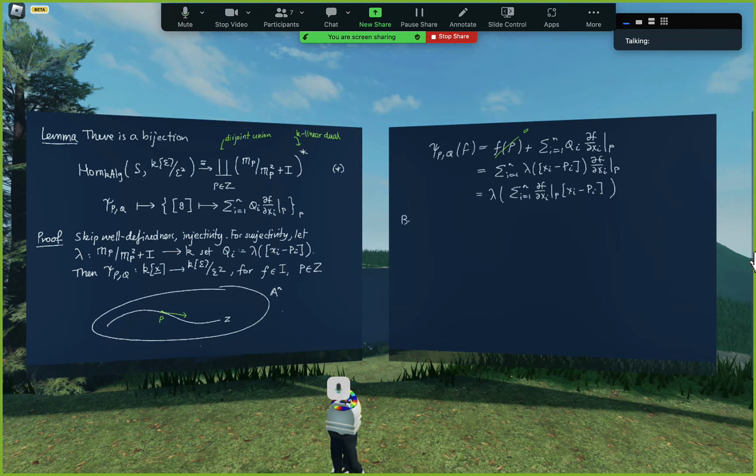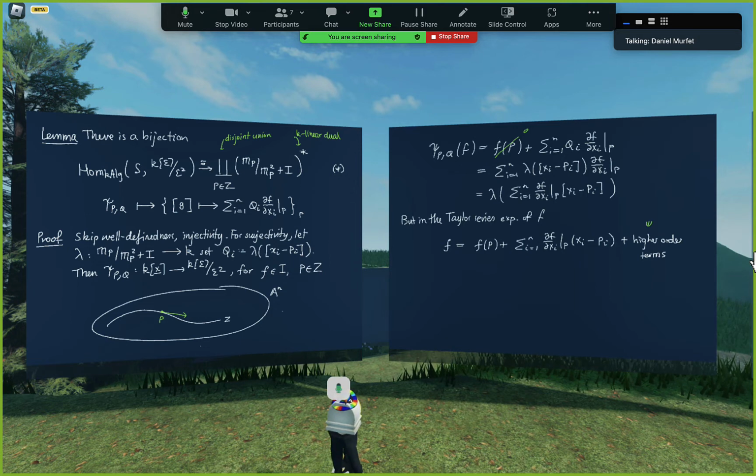Okay, but in the Taylor series expansion of f, we have that f is equal to f of p plus the first order term, which is what I just wrote, but not modulo I, plus higher order terms. What do the higher order terms involve? Well, they're higher order in the sense that they have these kinds of things to some power greater than or equal to 2.